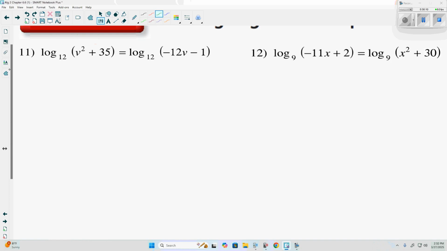Log base 12 of v squared plus 35 is equal to log base 12 of negative 12v minus 1. Are the logs the same? Yeah. This is supposed to have x on y'all's, not the v.